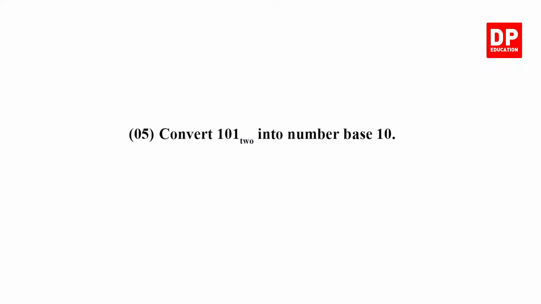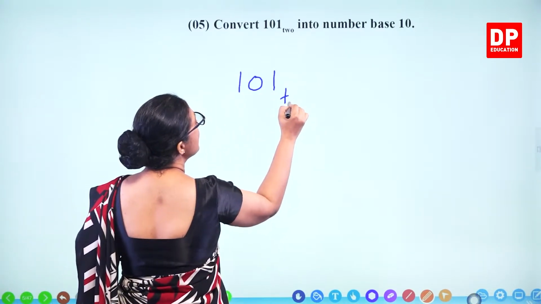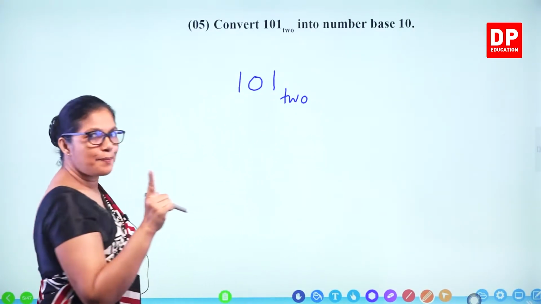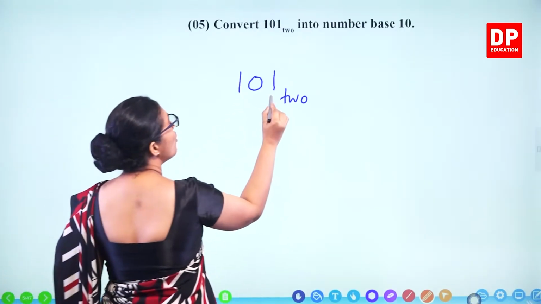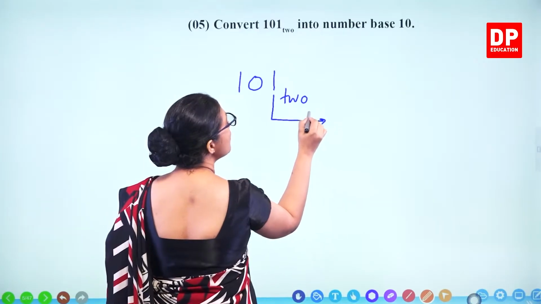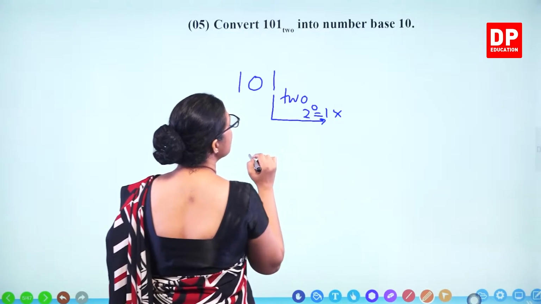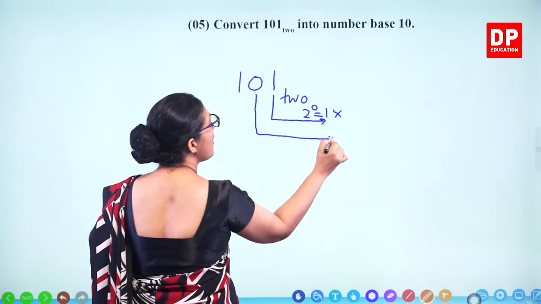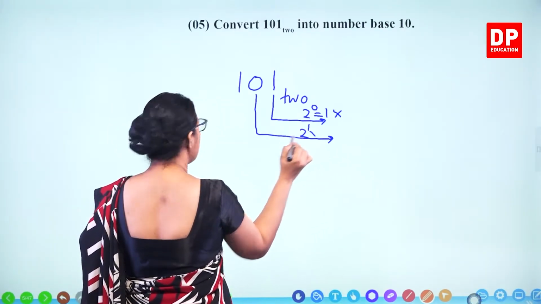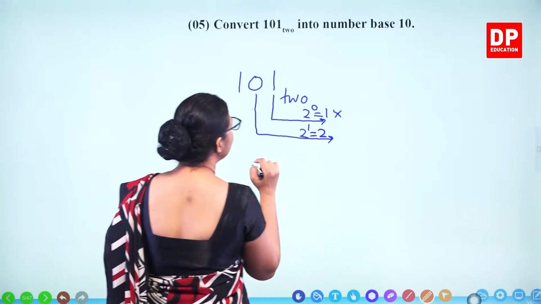Question number 5. Convert 101 to base 10. So this is in base 2, that's just 2 to the power 0. That means 1. So 1 times that. This one is 2 to the power 1. That means 2 multiplied by 2.